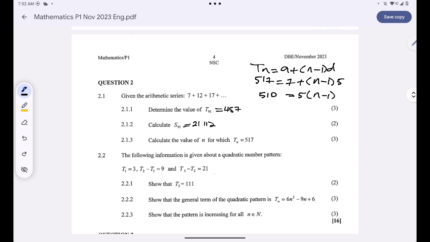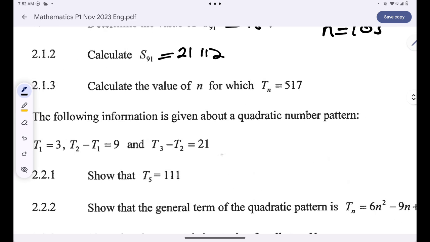When I divide both sides by 5, I'll simply get 102, and then I'll have n minus 1 here, then n will simply be 103. So this simply means that the 103rd term of the sequence is the one which is equal to 517.